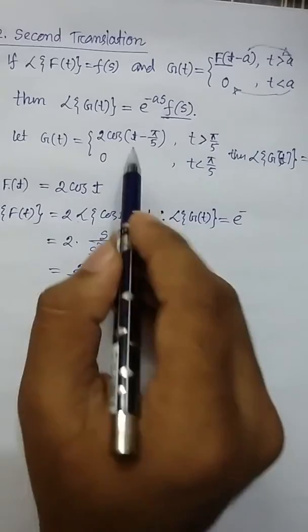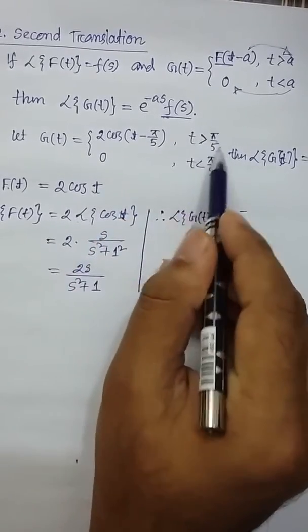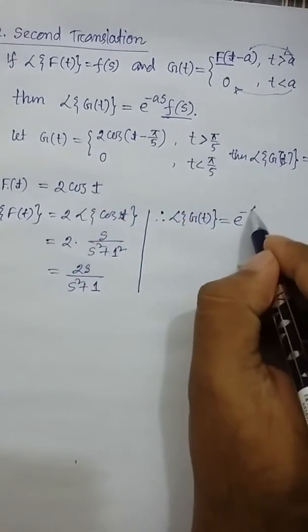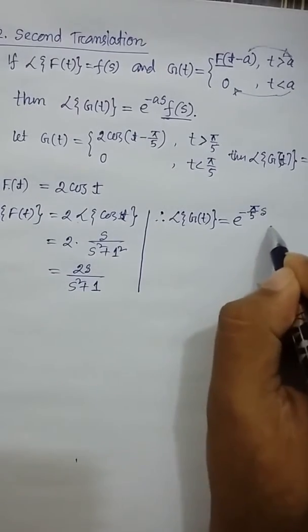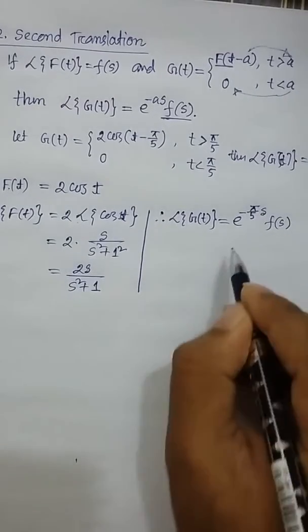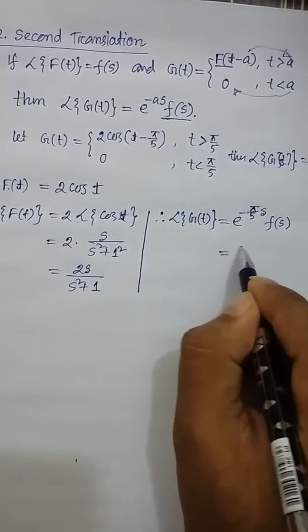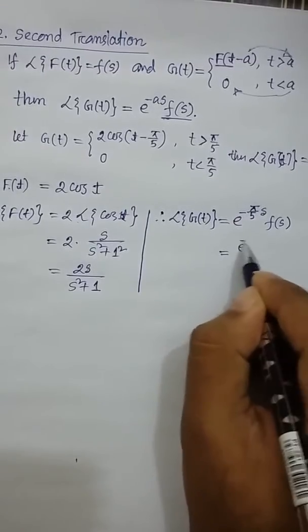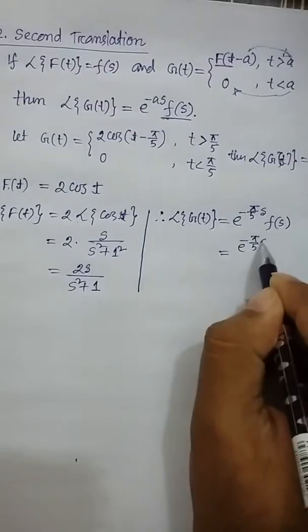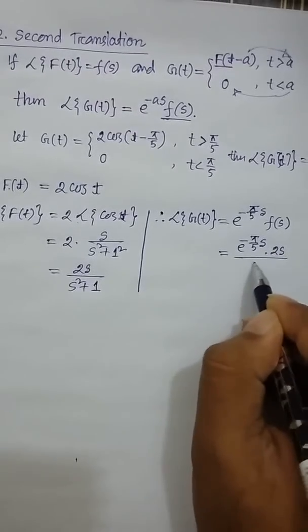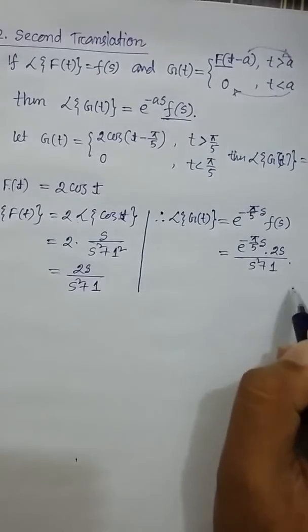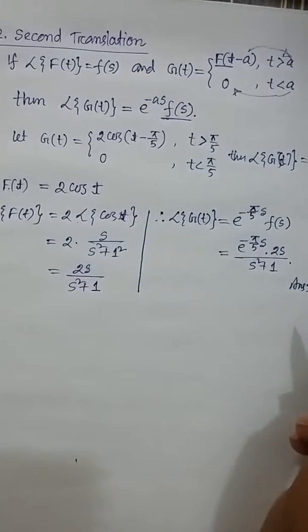Here a is where the condition is given, pi by 5, so it would be e to the power minus pi by 5 s, into f of s, that is 2s by s square plus 1. This is the answer.